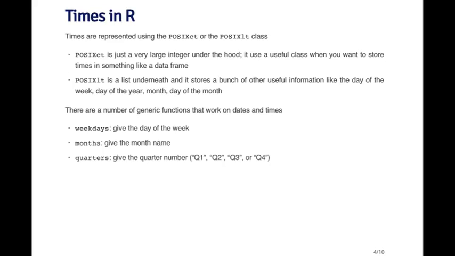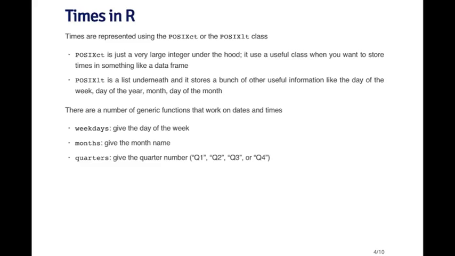POSIX is a family of computing standards for how things should be done on certain types of computers or how data should be represented. So there's a family of standards for how to represent dates and times, and that's part of the POSIX standard. In the POSIXct class, times are represented just as very large integers.